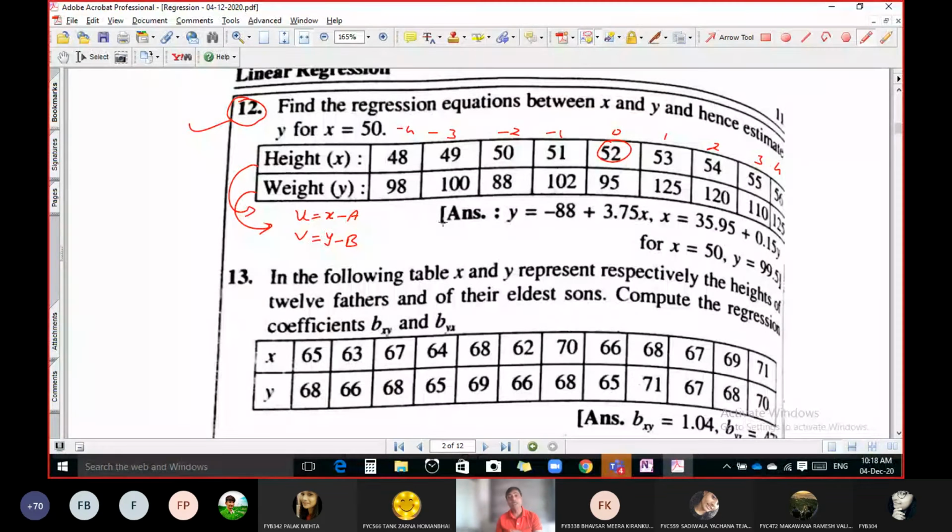But instead of that, it's better to subtract a round value, so that your calculation will reduce and the chances of error will reduce. So it's better to subtract either 100 or 110. That is the most appropriate value.